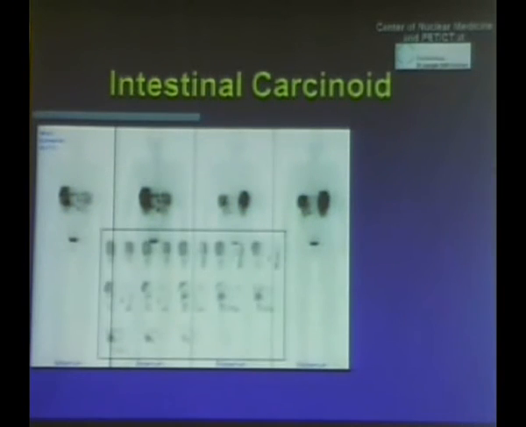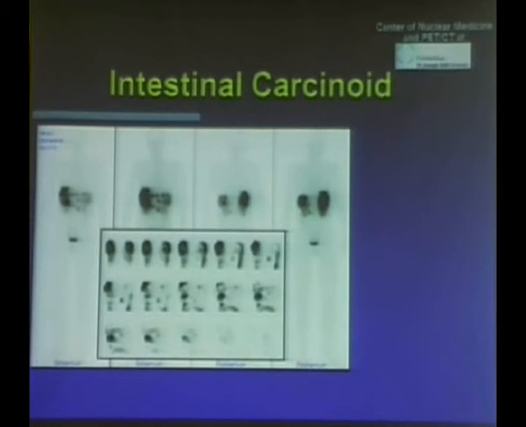This is an example of an intestinal carcinoid. You can clearly define all the metastases of the lymph nodes and of course of the liver too. We have performed, as I told you before, a SPECT, not a SPECT-CT, but in this case a SPECT, to define the metastases and localize them.